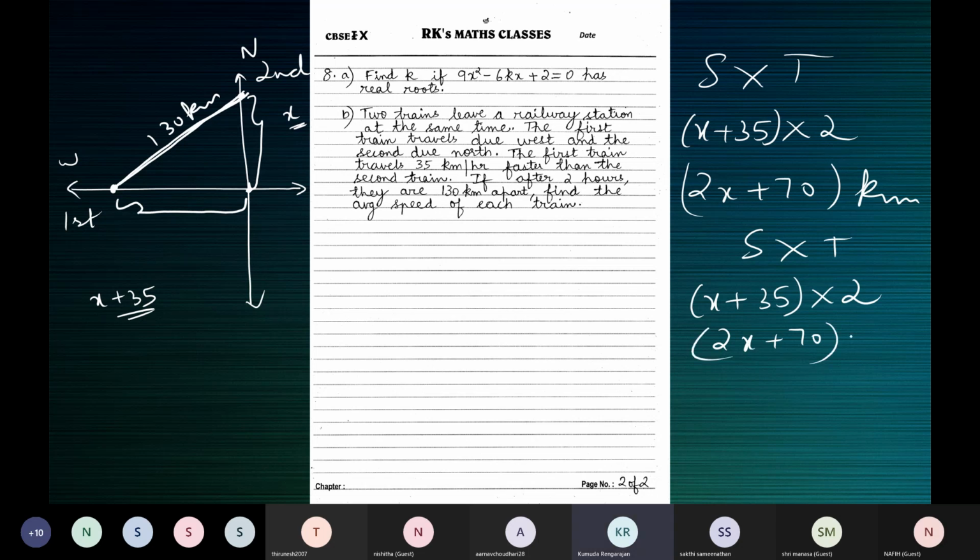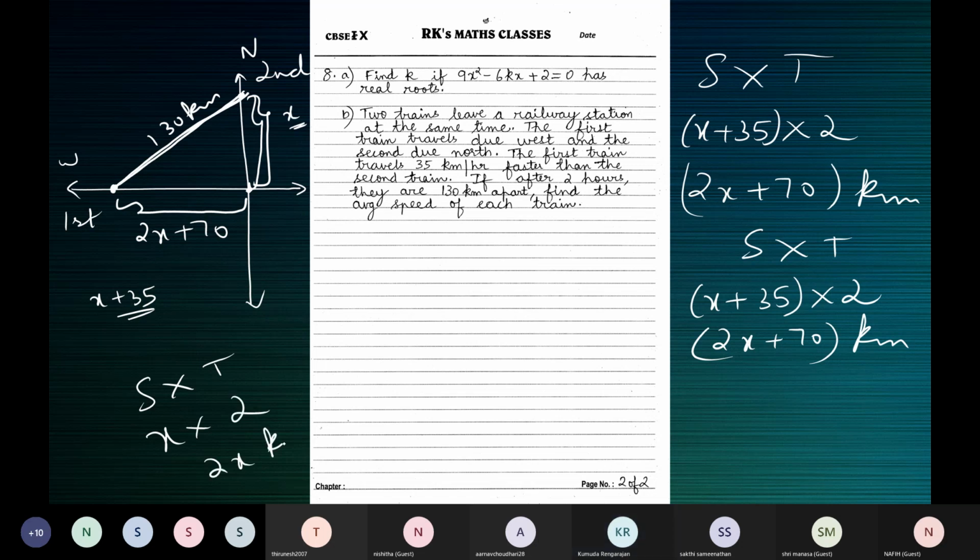So this is 2x plus 70, or you can write 2 into x plus 35 also. For the second train, the distance is speed into time, 2x kilometers.